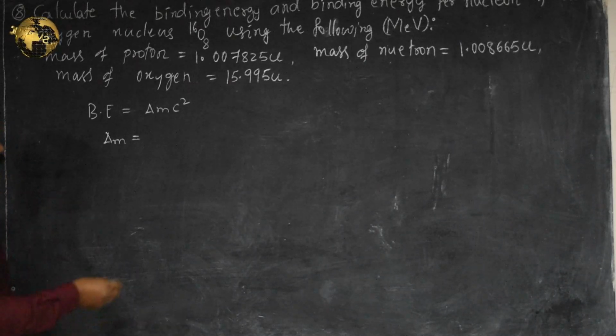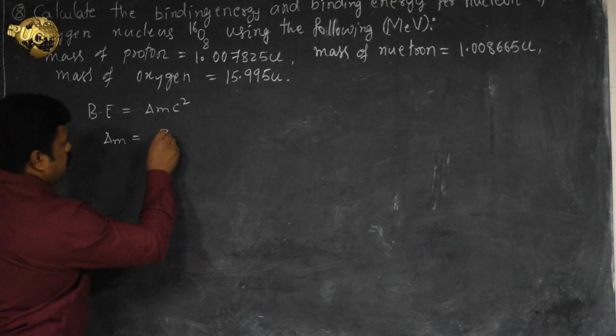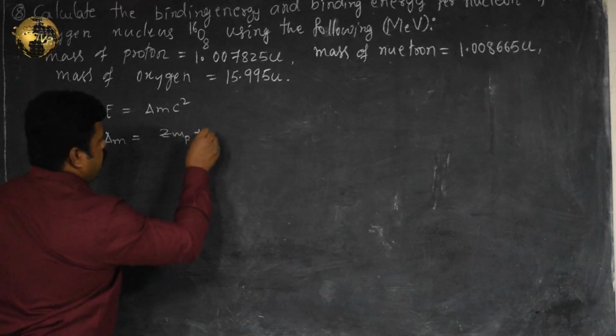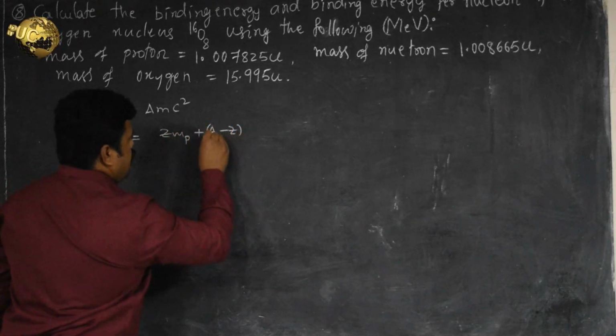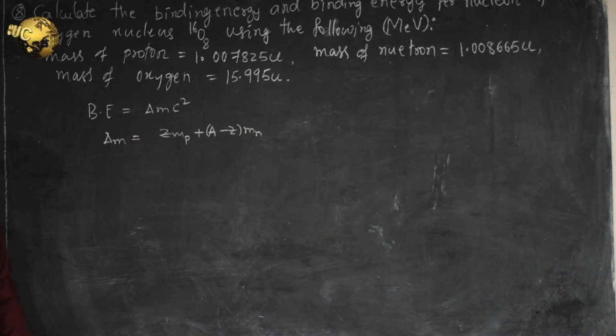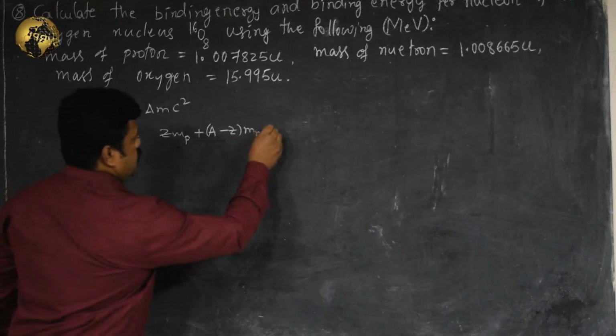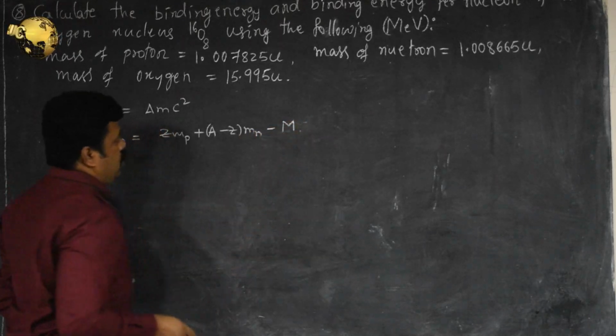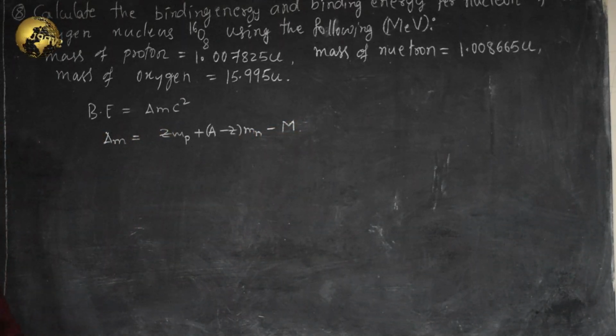That is, delta m mass defect is Z M P plus (A minus Z) M N minus M. So this is the mass of the constituents minus the given actual mass of the nucleus. Let's find out this.